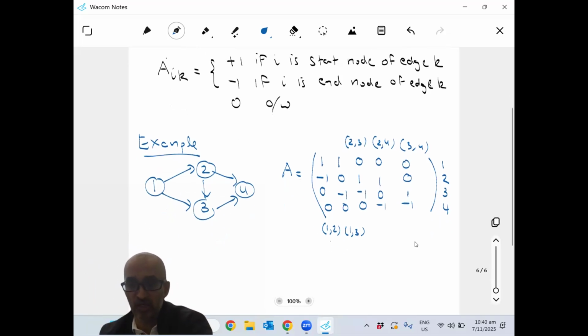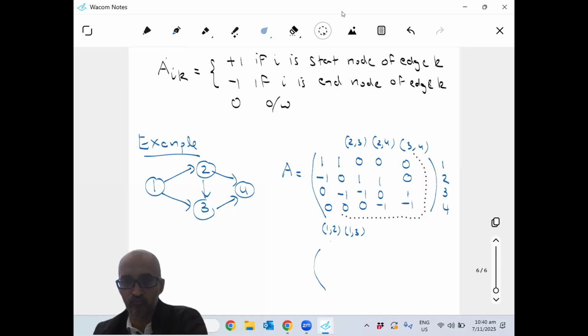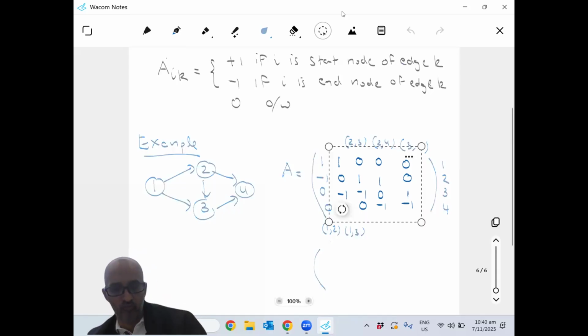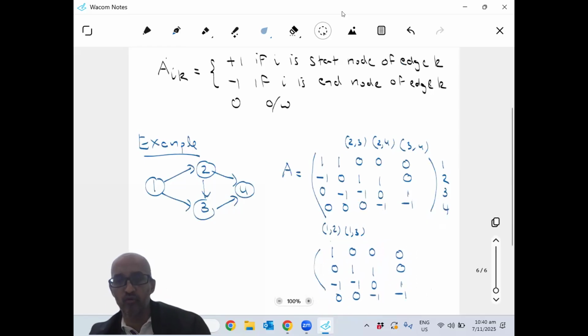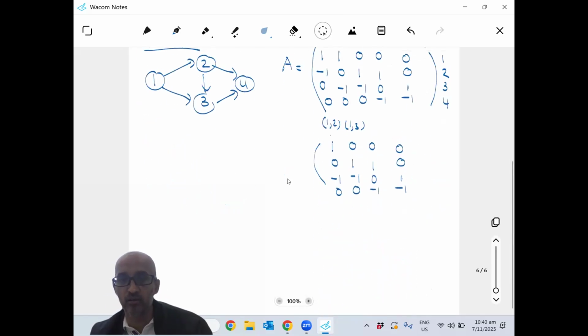So just to make this clear, you could have also written A in this form. Let's say I move these 4 to the start, and the last one I write is 1, -1, 0, 0. That's perfectly fine.